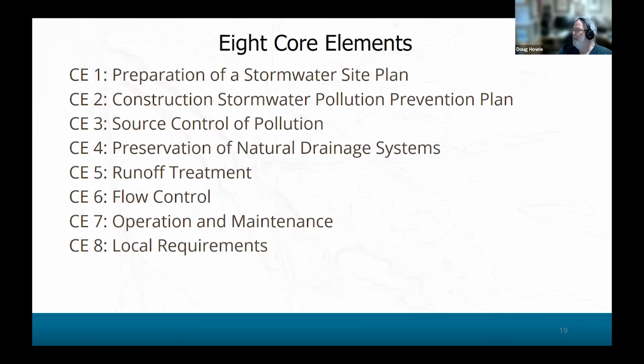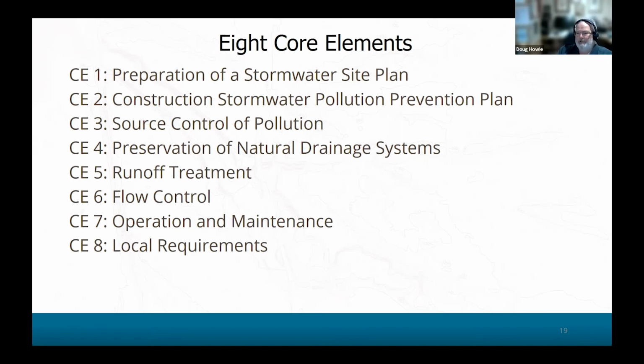So these core elements are things like identifying portions of the system where flow control is not required, identifying places of the system where basic treatment is adequate, identifying portions of the system where you had to meet higher standards than the manual calls for.